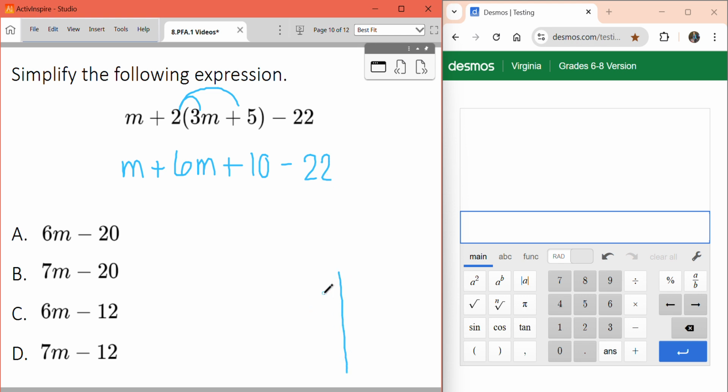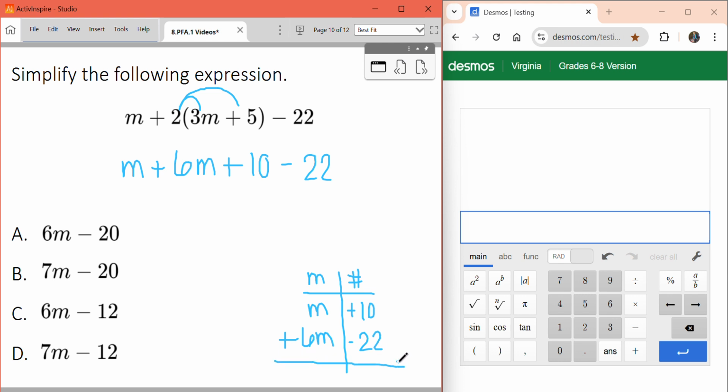And then I can make my T-chart. So this time I've got an m and I've got numbers, and I've got plain m, plus 6m, plus 10, minus 22.